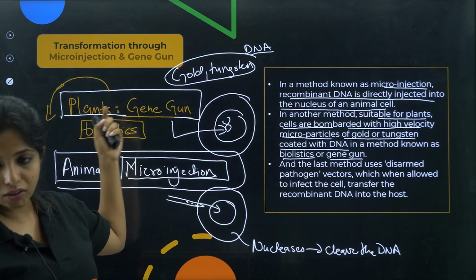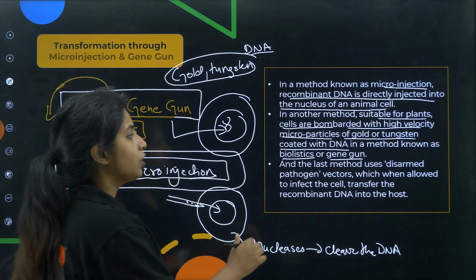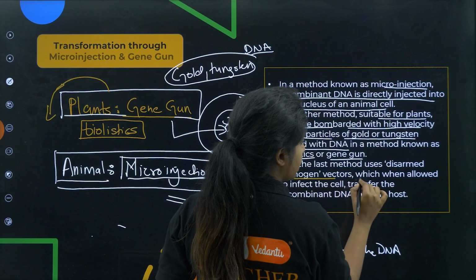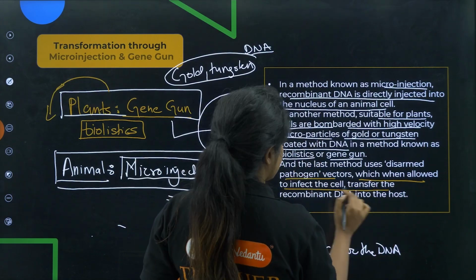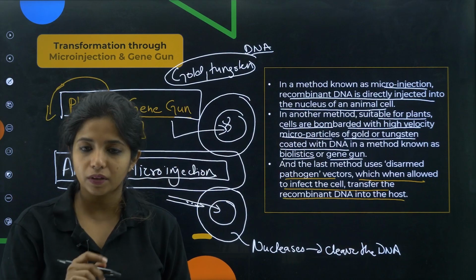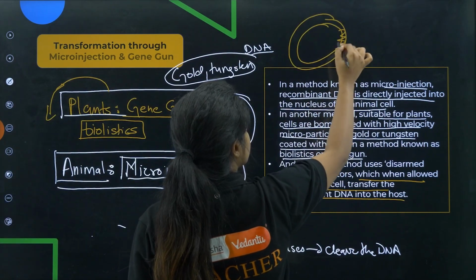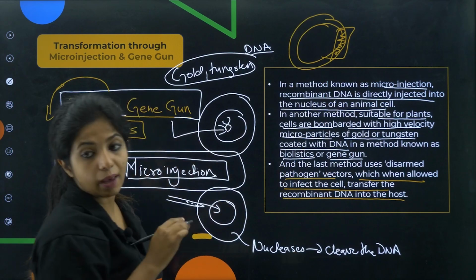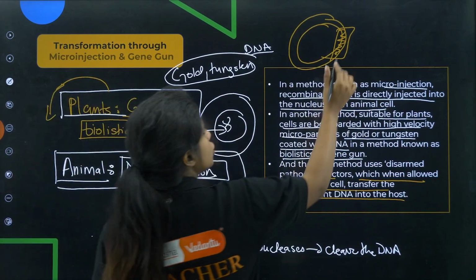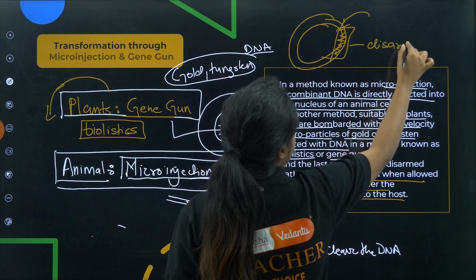Then you have plants, then you have animals, and lastly it is saying that there is one more method, where you are using disarmed pathogen vectors, which when allowed to infect the cell, transfer the recombinant DNA into the host. Disarmed as in, for example, there is a gene that could cause trouble. I am removing this gene, and I am putting my gene of interest. So I am disarming this particular pathogen.